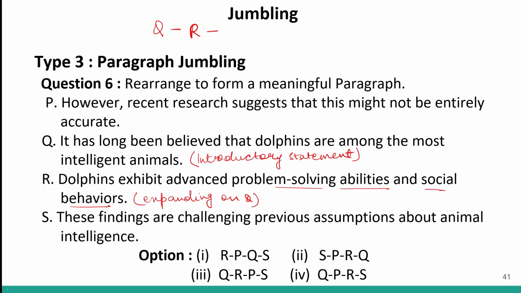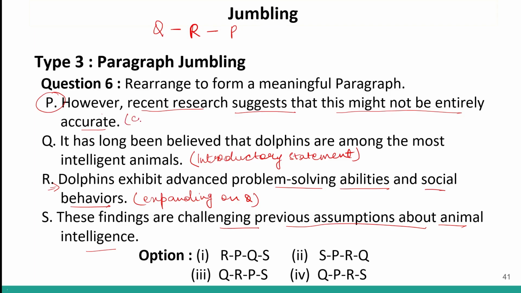Now, these findings are challenging previous assumptions about animal intelligence. So over here in P, I can see that, however, recent research suggests that this might not be entirely accurate. What is not accurate? R. In R, we said that dolphins exhibit advanced problem solving.